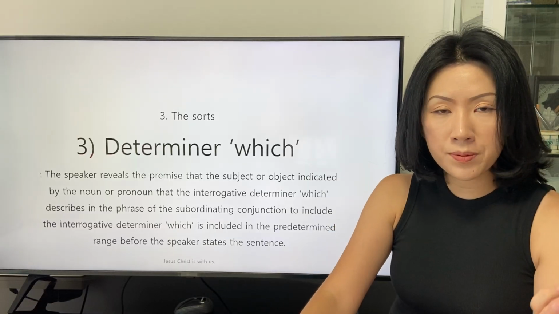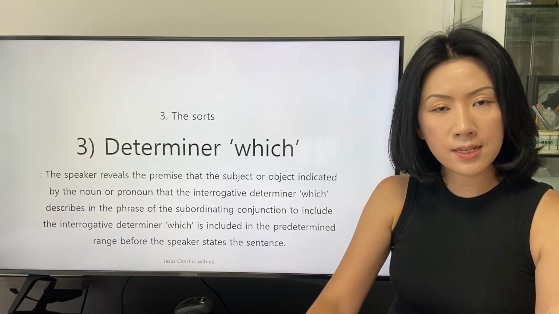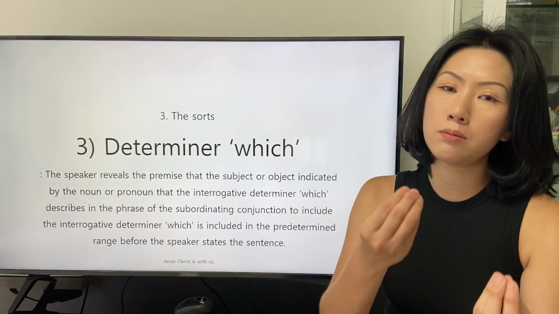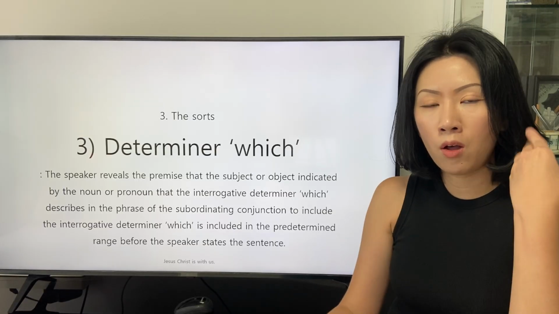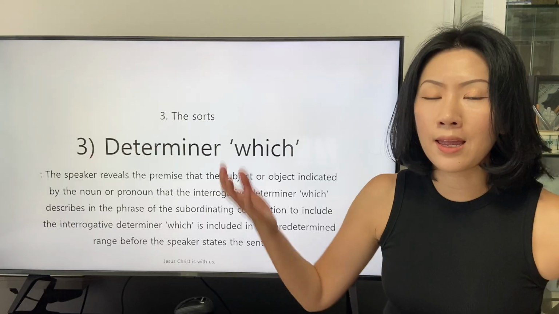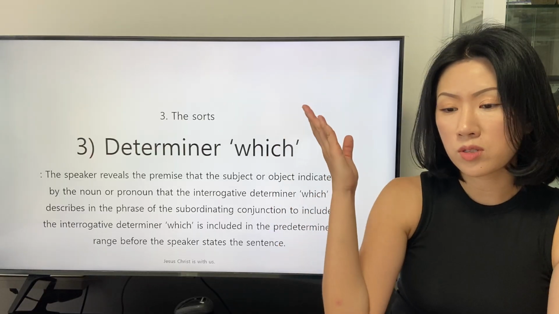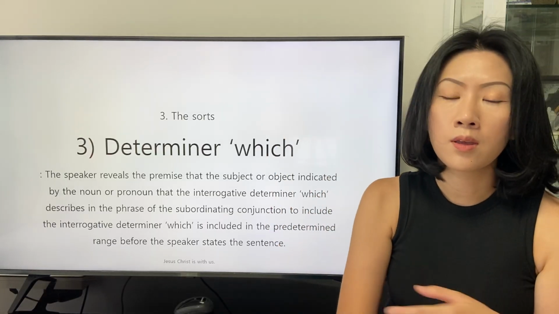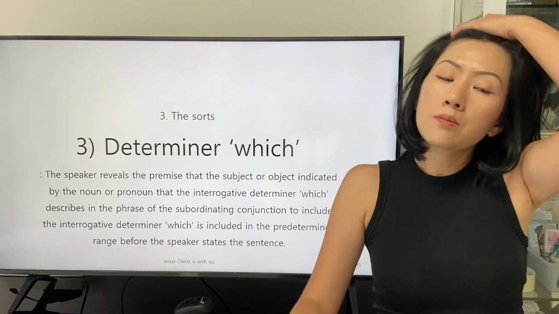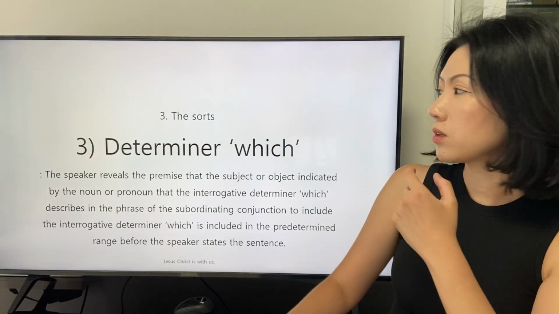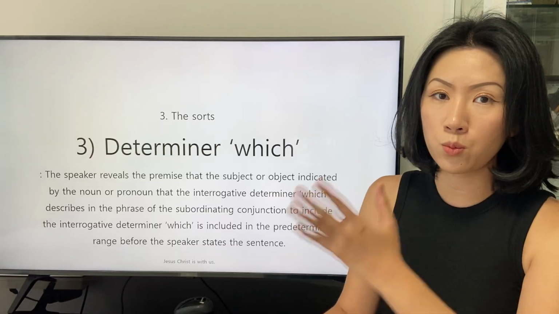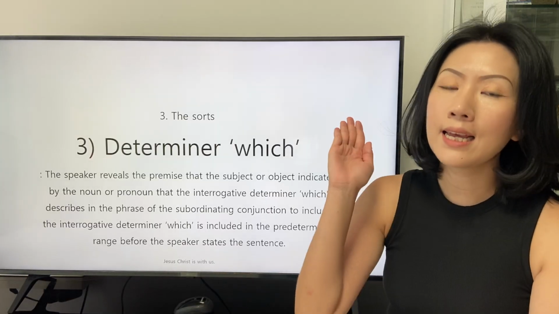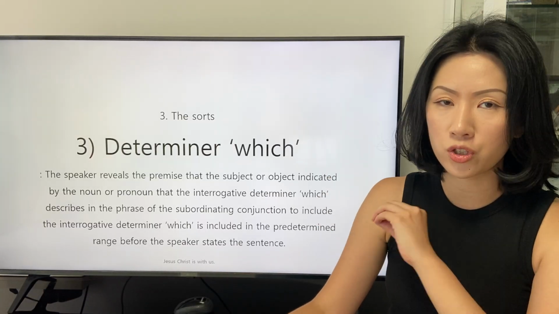And by the description of the subject and the transitive verb, like, the speaker and the listeners can make the season clear. In this class, we will study the determiner which applied as a subordinating conjunction.